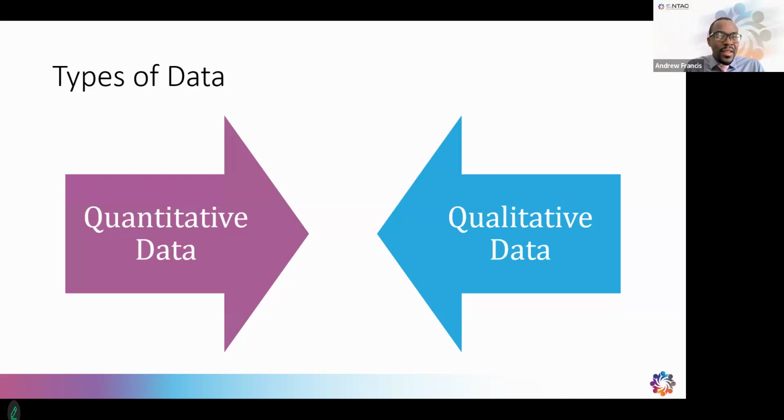So when we bring the quantitative and the qualitative data together, it gives us this comprehensive needs assessment that ensures your program is really designed to not only look at the measurable needs, but also the nuanced needs of those you are serving.